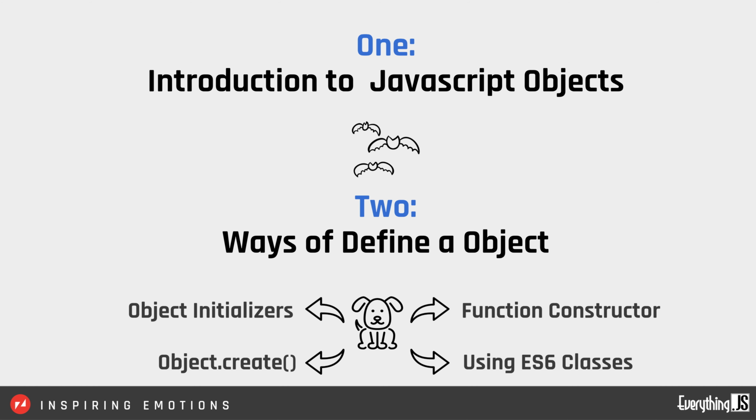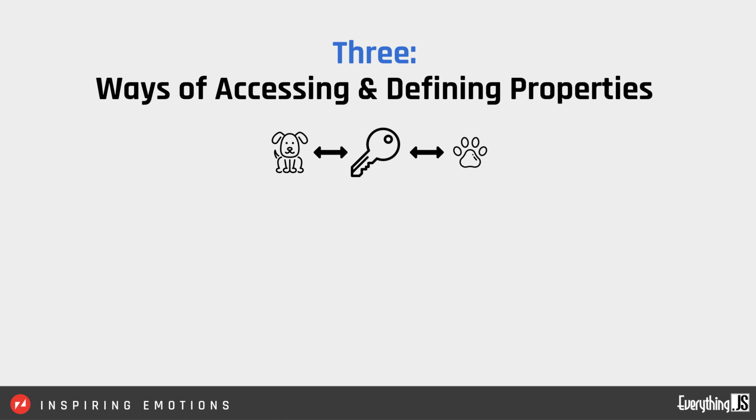But actually JavaScript is a prototypal based language, so everything is built on top of prototypes. We briefly discussed the accessing and defining methods of JavaScript objects.